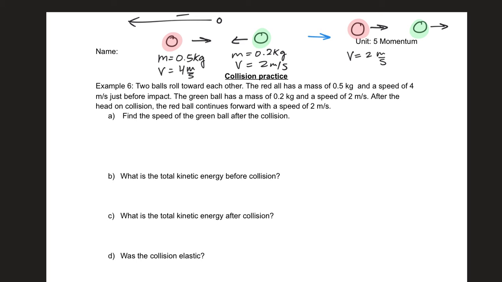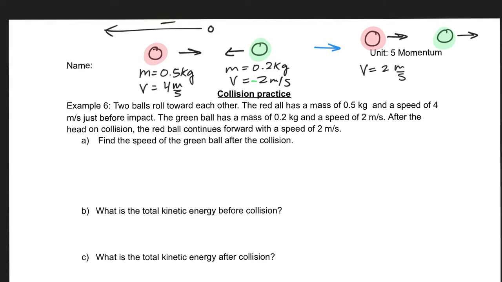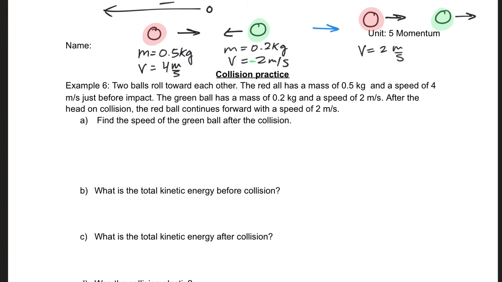So since it's in the left direction, my green ball will be going in the negative direction. So this is my diagram, and because I know that, I can plug in my numbers into my formula as positive or negative.